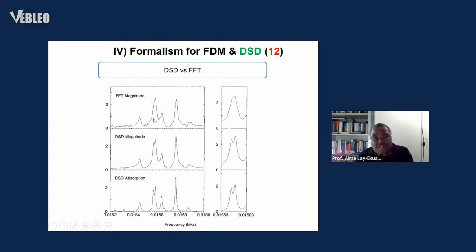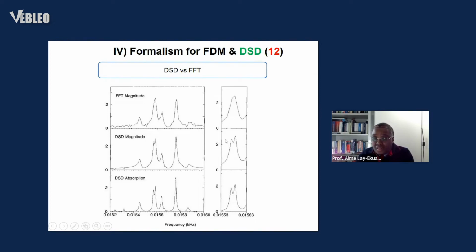This is given a signal, maybe included in a decaying process. Here we have the magnitude in terms of FFT. So if we come here in DSD magnitude and DSD absorption, we are able to discriminate two peaks, while in FFT we are not.